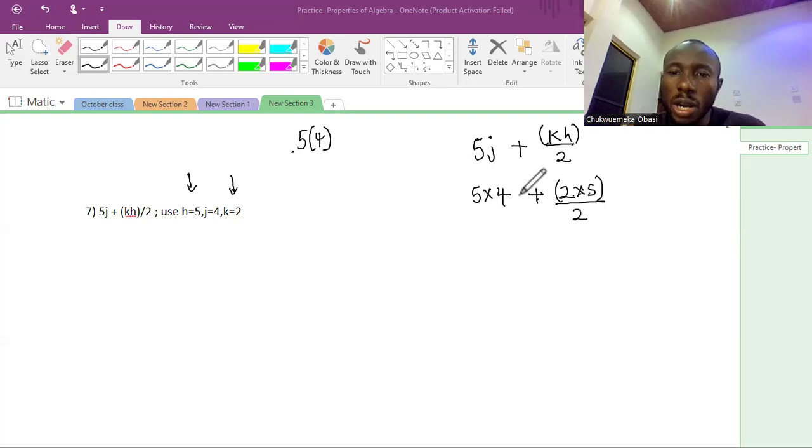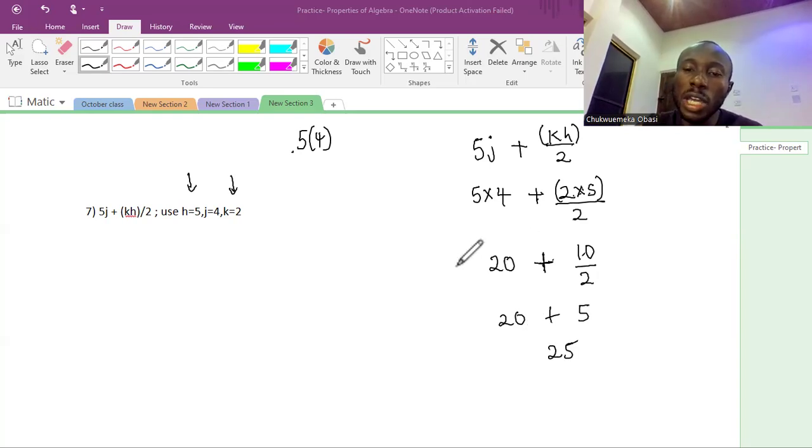Or you want to start out with the one in the bracket, no problem. So that will be 2 times 5 is 10, so we have 10 upon 2, and 5 times 4 is 20, like this. So now you want to divide, because you cannot add these first. Following the principles of PEMDAS, you want to divide. So 10 divided by 2 is 5, and 20 plus 5 would be 25.